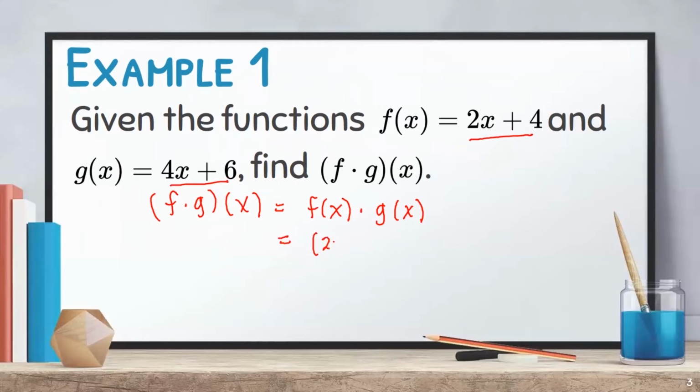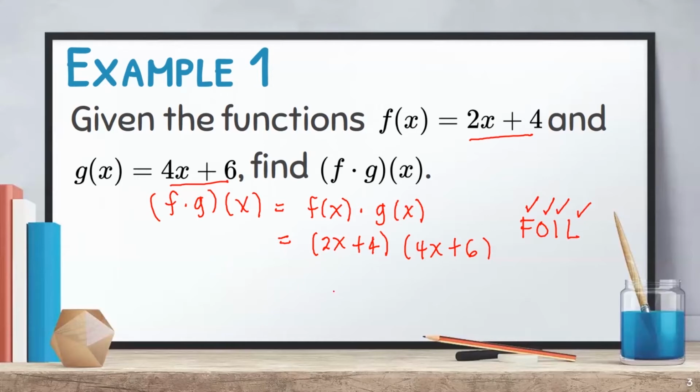We will have 2x plus 4 times 4x plus 6. In multiplying two binomials, you can use the FOIL method. Using the FOIL method, we will multiply the first terms, the outer terms, the inner terms, and the last terms.